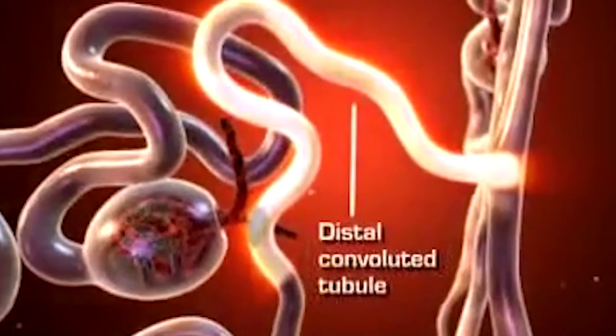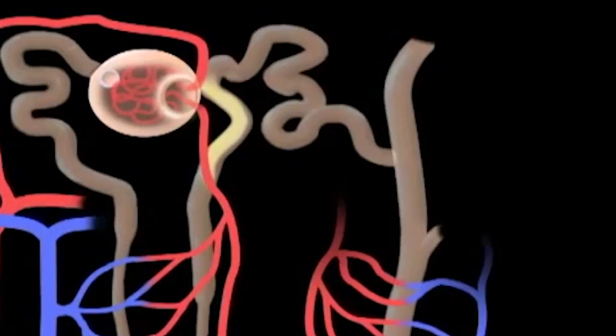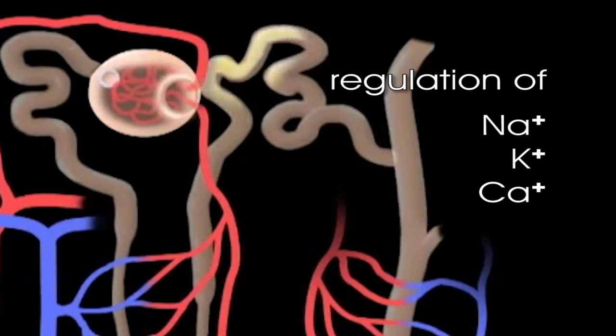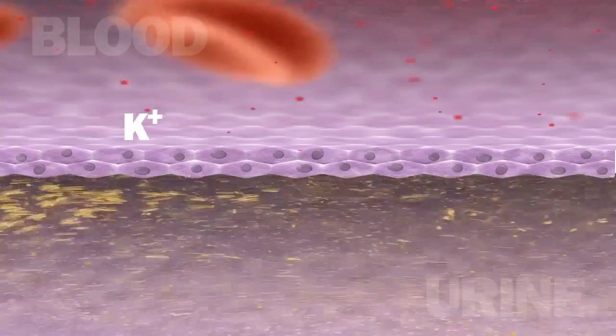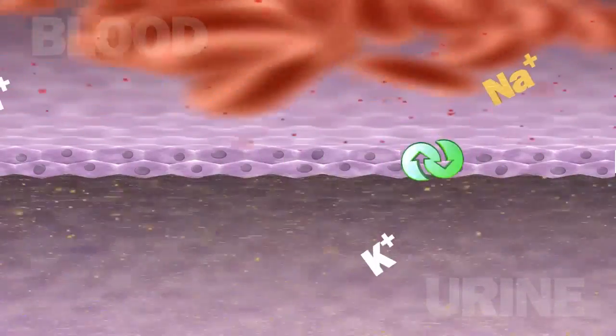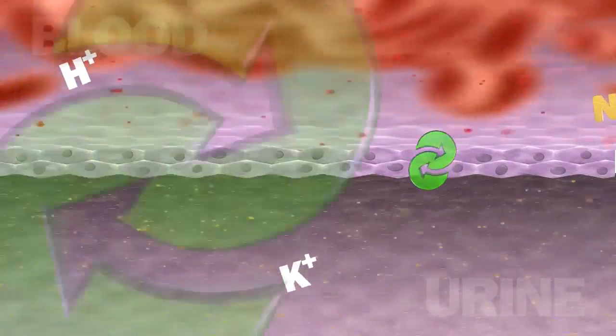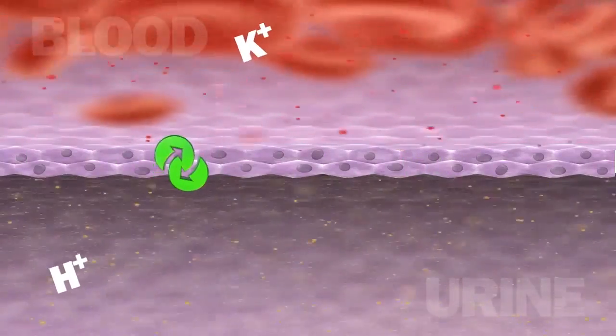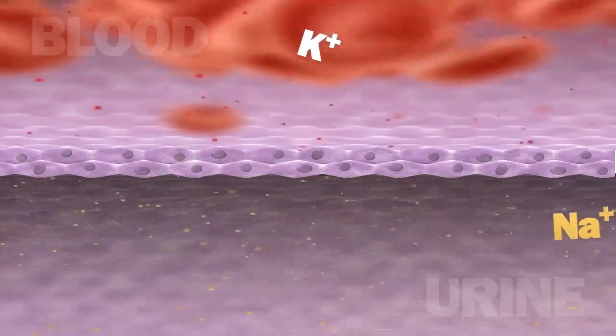The distal convoluted tubule is partly responsible for the regulation of sodium, potassium, calcium, chloride, and pH. It reabsorbs sodium through coupled secretion of hydrogen ions or potassium ions into the tubular fluid, a process which requires the presence of the adrenal hormone aldosterone.